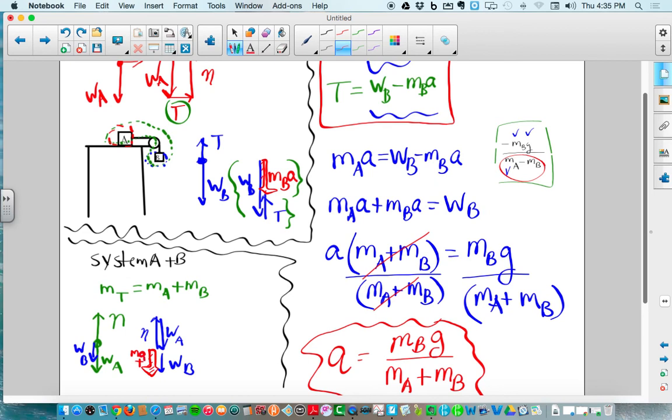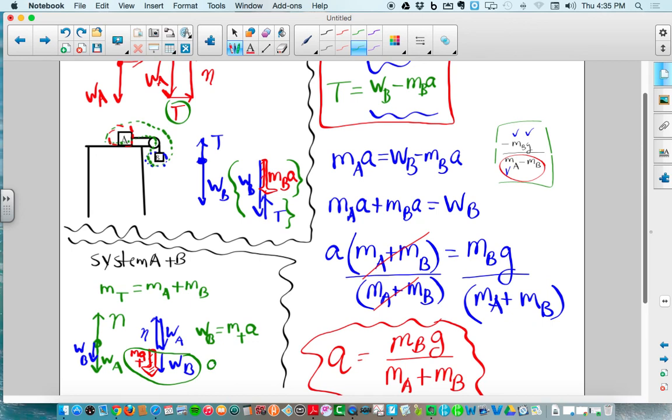And you can see from my vector sum diagram right here that the magnitude of the weight of object B has to equal the total mass times the acceleration.